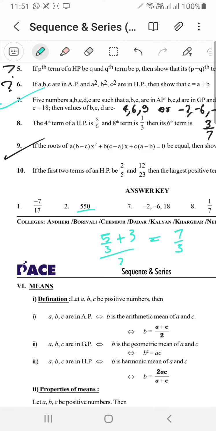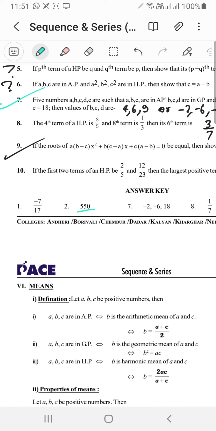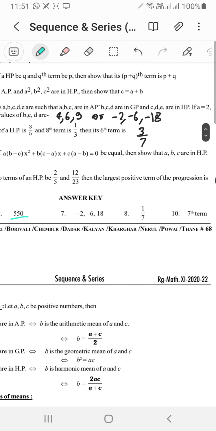It should be 3 upon 7. What's the big deal, huh? It can't be 1 upon 7. How can it be? Yeah, this is wrong. It must be 3 upon 7. What else could it be?